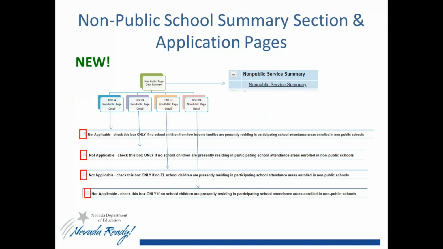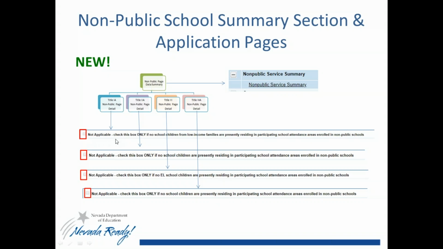If your district does not serve non-public schools, for each application you will need to select the Not Applicable box in order to successfully submit the consolidated application. As you can see here, for each of the different grants, Title 1A, Title 2A, Title 3, and Title 4A, you'll see at the top of that page, there'll be a non-applicable checkbox.